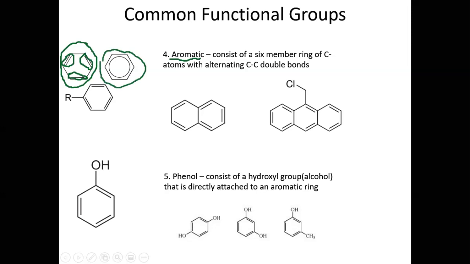Both of these are what we refer to as benzene rings. Now when the benzene ring is attached to an R group, it's referred to as a phenyl group. Again, by itself, it's benzene.